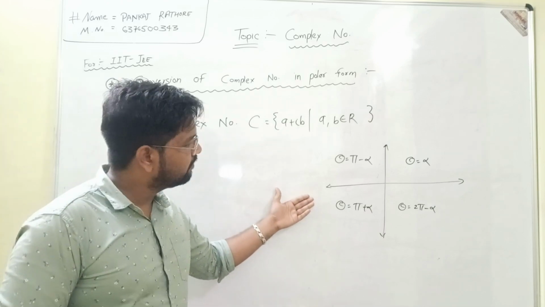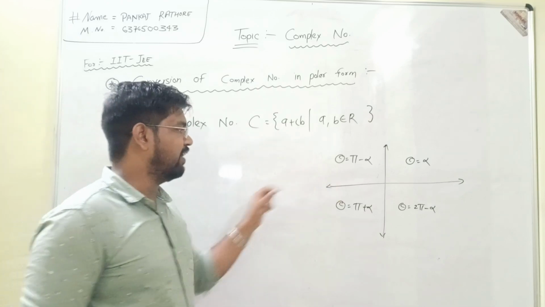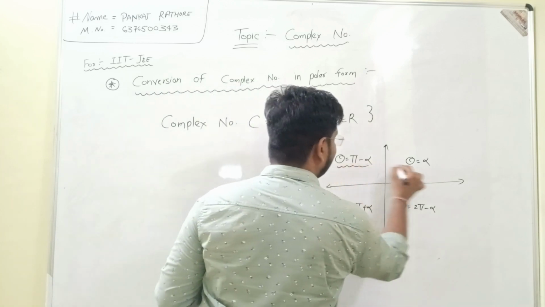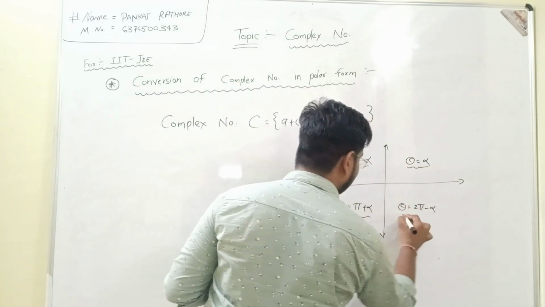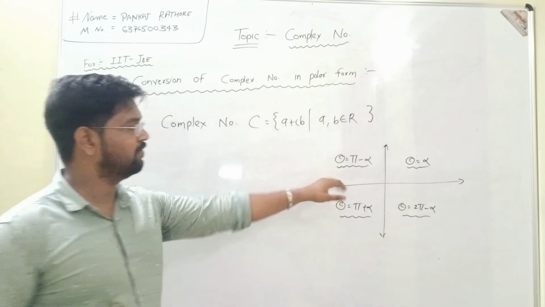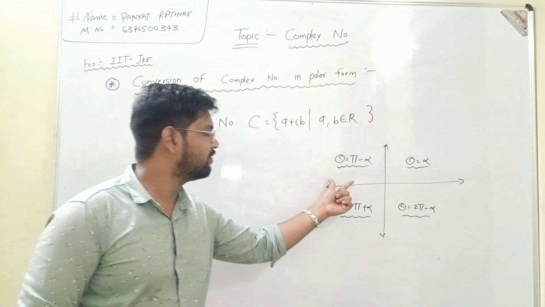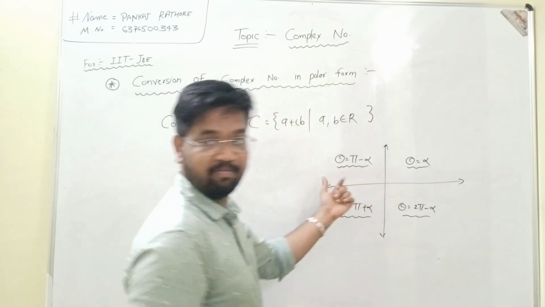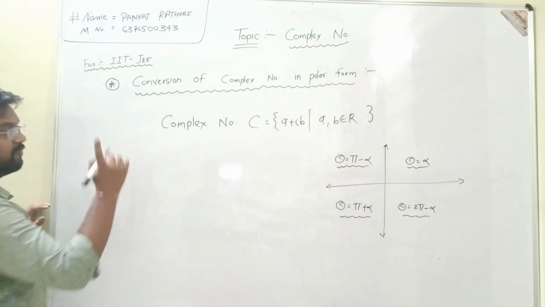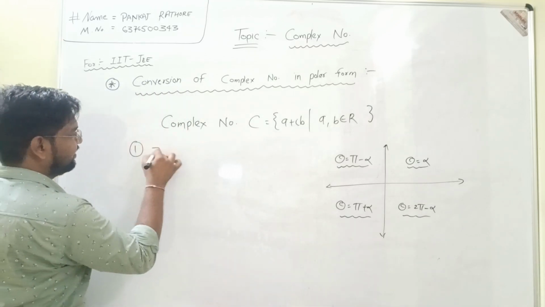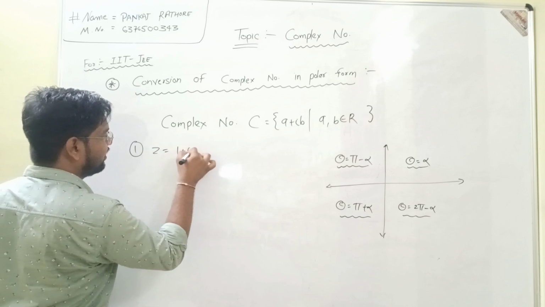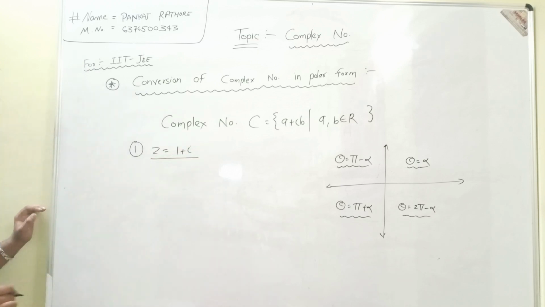So firstly, every student should know about these angles according to the quadrant of the number. So now we will convert one number like z equal to 1 plus iota into polar form.